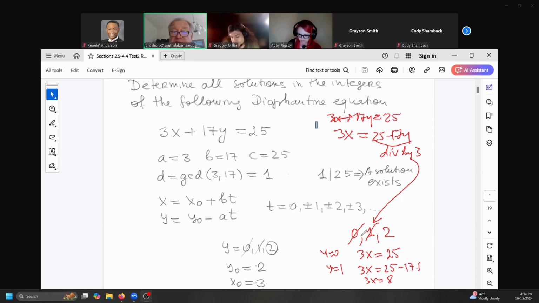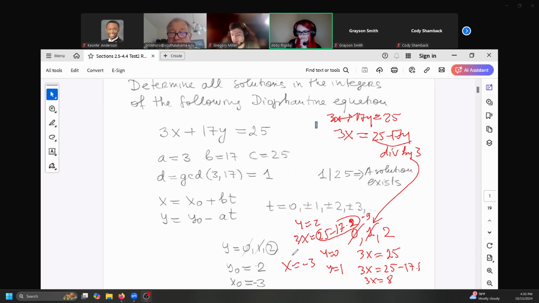So now use y equals 2. What do we get? 3x equals 25 minus 17 times 2. 17 times 2 is 34, so 25 minus 34 is negative 9, and x equals negative 3.